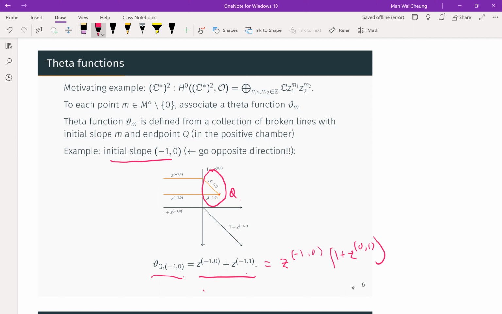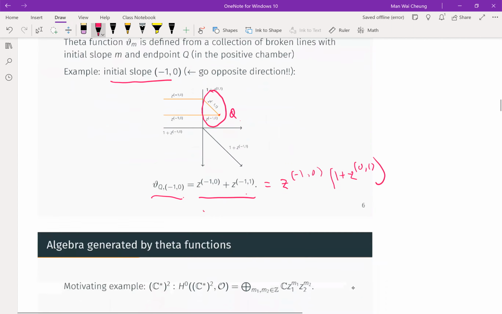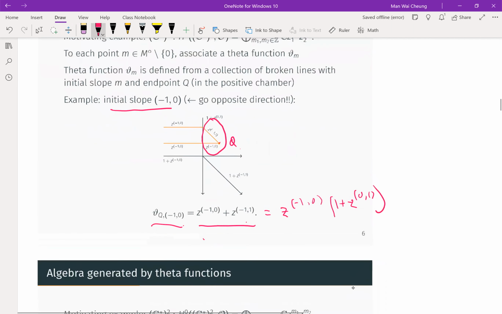But in general, we need open lines because we might pass through infinitely many walls, like in some infinite cases. So in what we call the cluster context, the Phasor function can be defined by open lines or wall crossing, but if you go outside of it, then this is how we define the theta function.